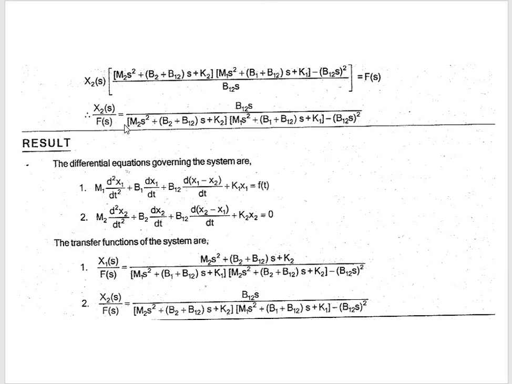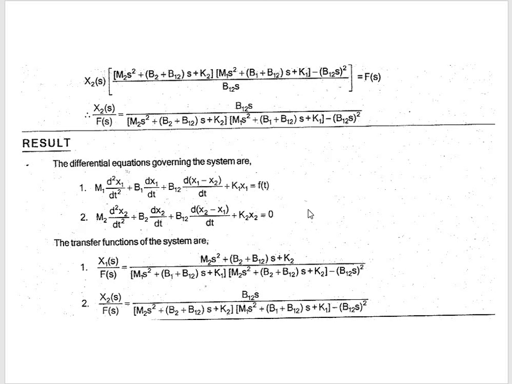Finally, we obtain x2 of s divided by f of s is equal to b12 s divided by m2 s square plus b2 plus b12 into s plus k2 into m1 s square plus b1 plus b12 into s plus k1 minus b12 s whole square. This is the second equation that we have obtained.